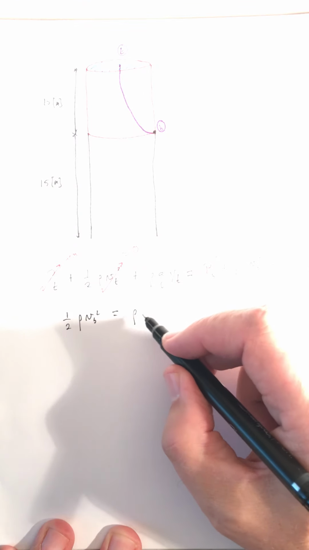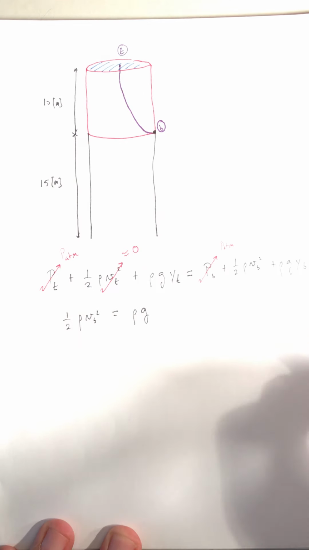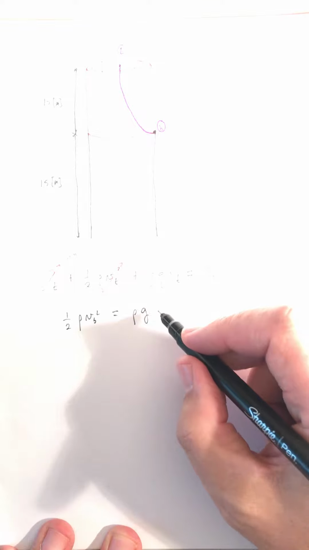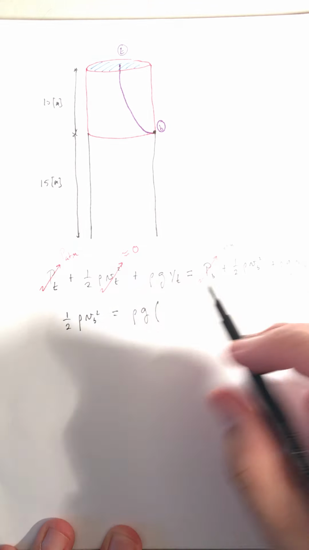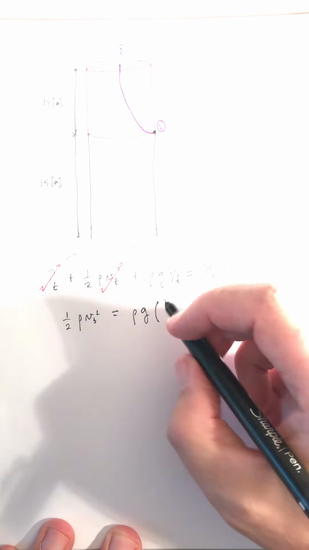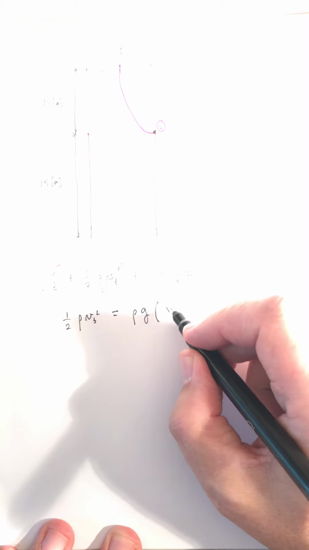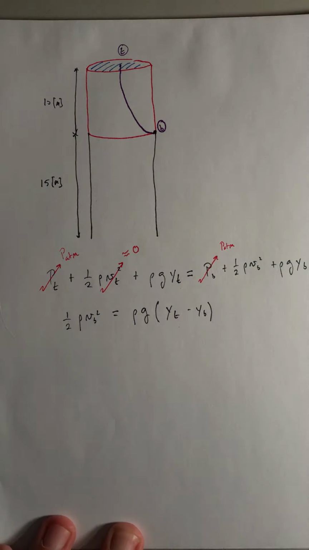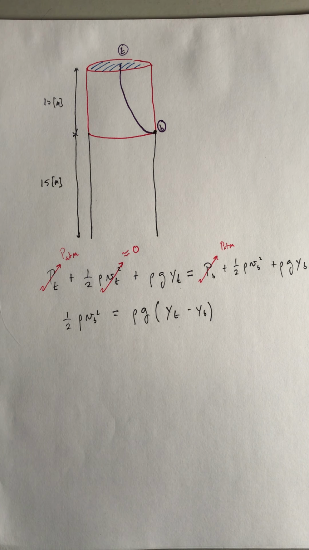It's going to be rho times gravitational acceleration, and it's going to be y at the top, move this over, minus y at the bottom. And if we want, we can just call that delta y.